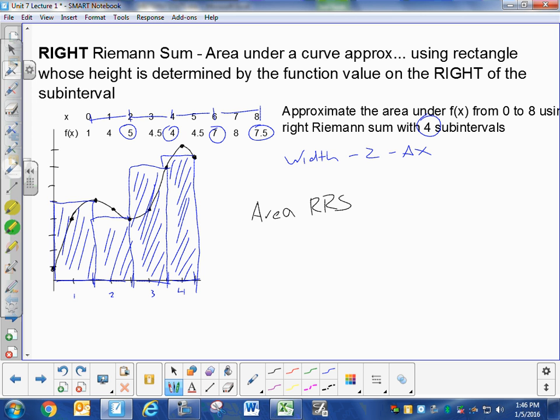RRS is short for right Riemann sum. We could have used LRS for left Riemann sum. It is going to be approximately 2 times 5 plus 2 times 4 plus 2 times 7 plus 2 times 7.5.